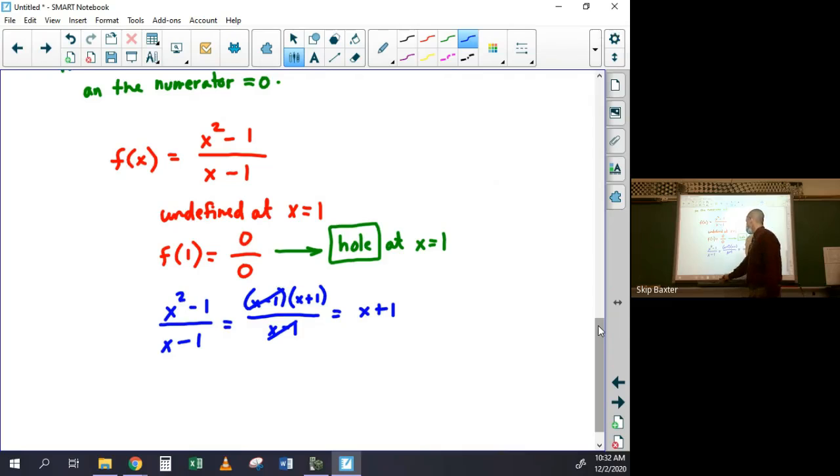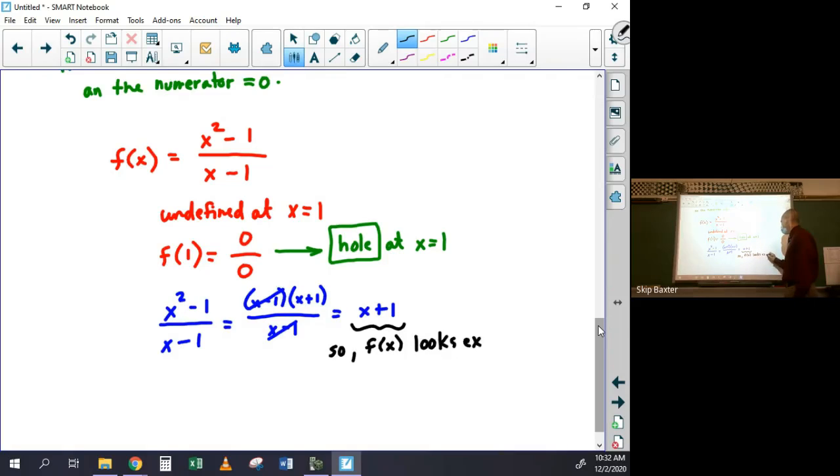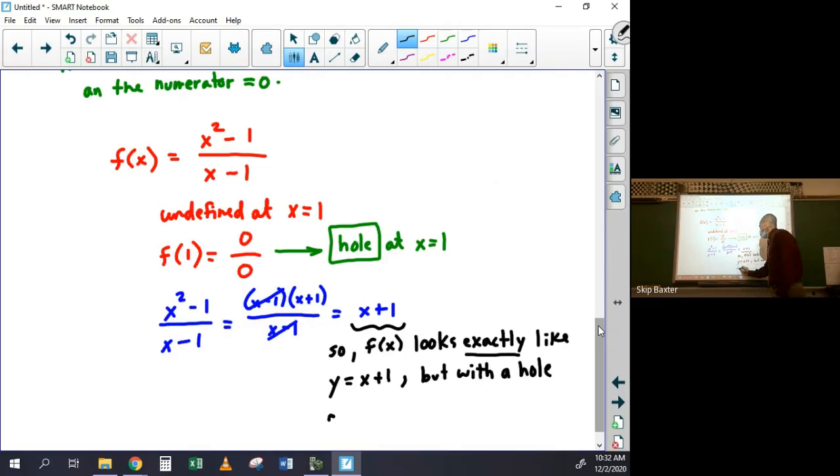So let me write that. f of x looks exactly like y equals x plus 1, but with a hole at x equals 1, because we know there's a hole at x equals 1.